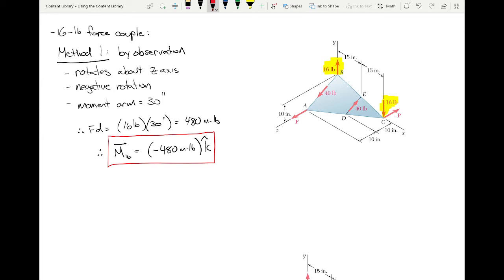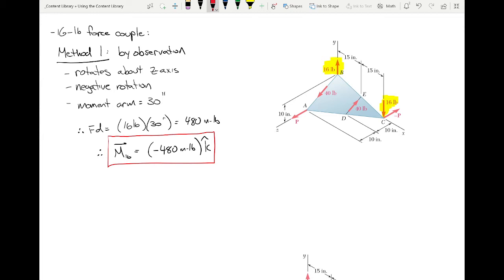Yes, sir? Why would you not treat it as like a triangle? Like the distance between B and C would be the hypotenuse. That's a great question. So the question is, why would you not treat it like a triangle? The reason why is because I'm using this definition F times d. I'm going to give you two answers to this question. The first answer is, if I use the definition of F times d, d is that moment arm, but what is d?